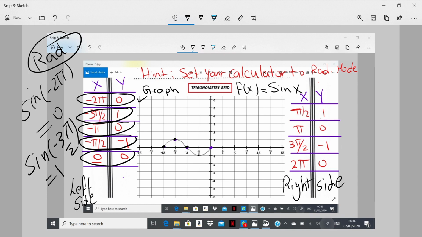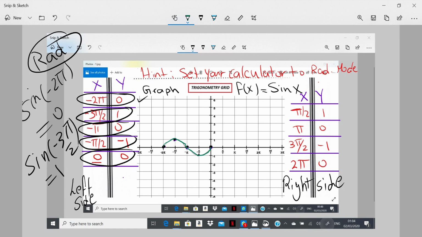So this point. 0 and 0, finally at this point. So when you're going to graph it, you're going to graph it this way. Okay.